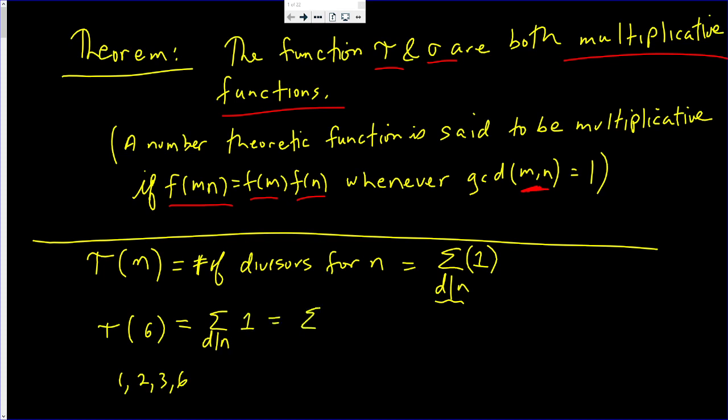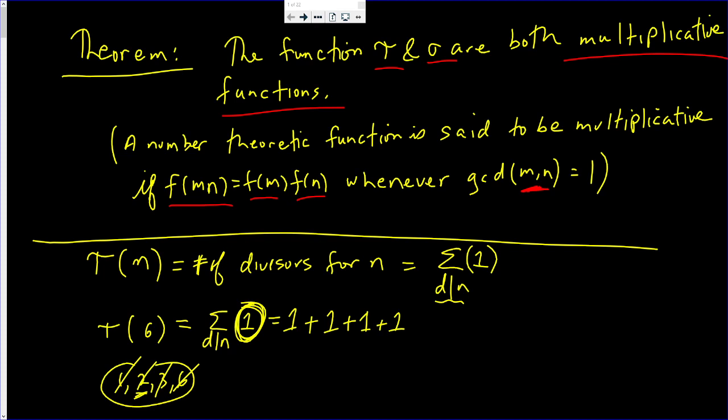Well, that just means that we're adding up over those numbers. When d is 1, that's 1, plus. When d is 2, that's still 1. When d is 3, that's still 1. And lastly, when d is 6, how do you like that?